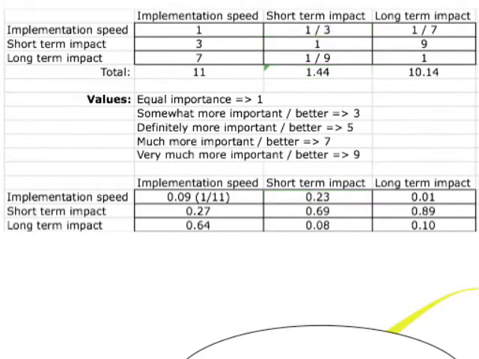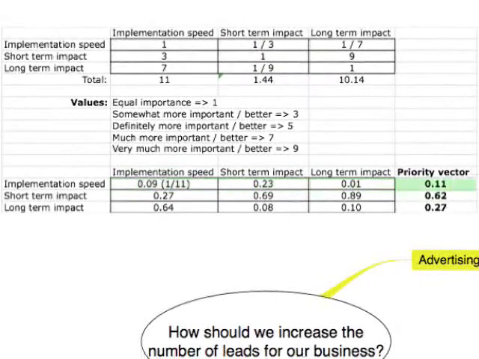Now, for each row in the table, average the row to give a priority vector for that category. This gives us a standardized weighting for each factor. So in this case, the short-term impact is the most important aspect, so it makes up 62% of the decision. The long-term impact makes up 27% of the decision, and the implementation time is of less importance with only 11% of the decision resting on that.